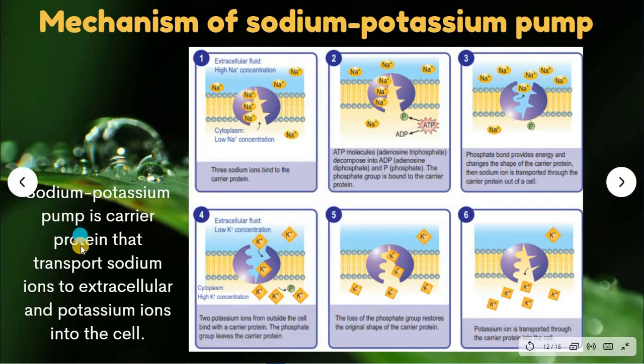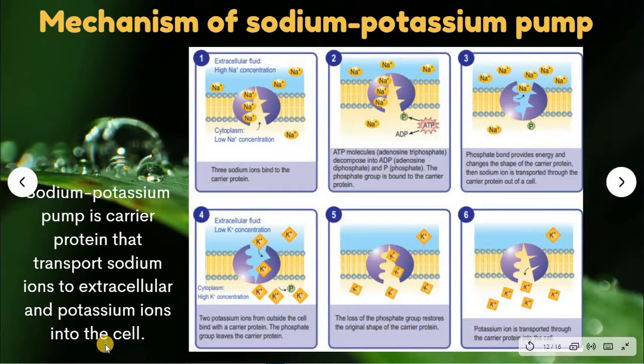It is a carrier protein that transports sodium ions to extracellular, which means it will carry the sodium ions to the outside of the cell, and transports potassium ions into the cell.